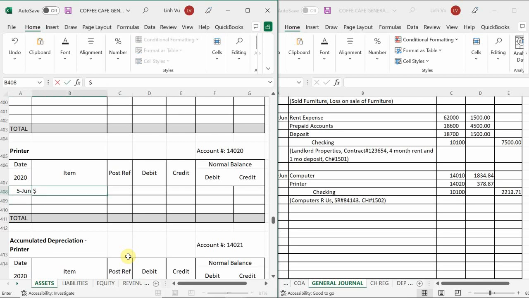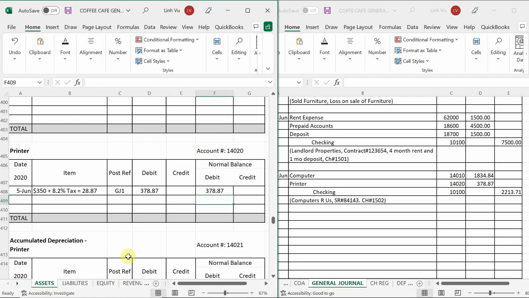The price was $350 plus the 8.25% sales tax, which gave me $28.87. Okay, so that would give me a grand total for my printer of $378.87.